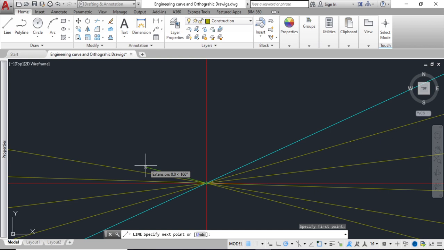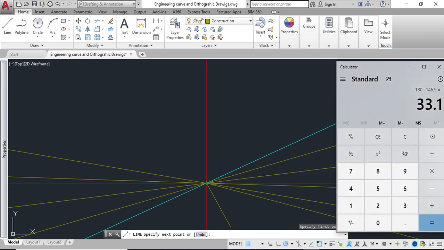So it says extension. See the word extension? So you're extending at 166 degrees that line that you just drew. So you try to find the line that is in line, right? This is also an extension of a line. So this says extension here, so that's what you want to find, the extension point for this line.